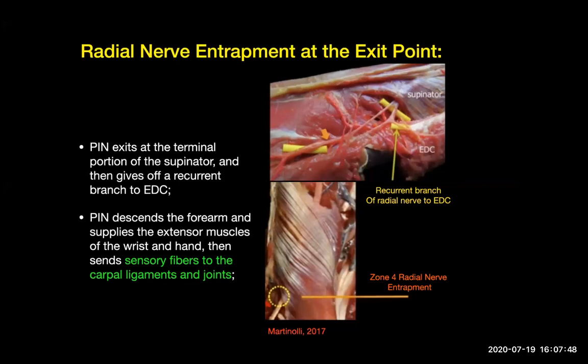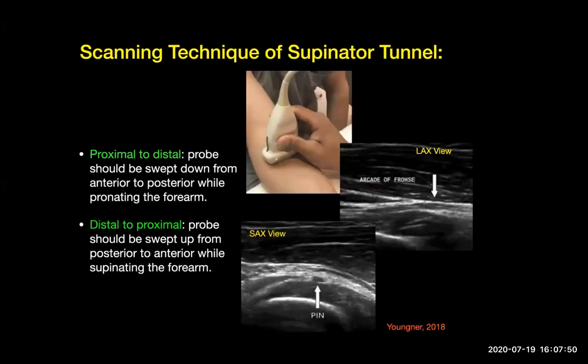So you can also scan that part to be able to see the branch of the posterior interosseous nerve. Then of course, how do you actually scan them? If you're doing proximal to distal, you have to move the probe from anterior to posterior while you are pronating the forearm, so that you can see the entire nerve as you move along.